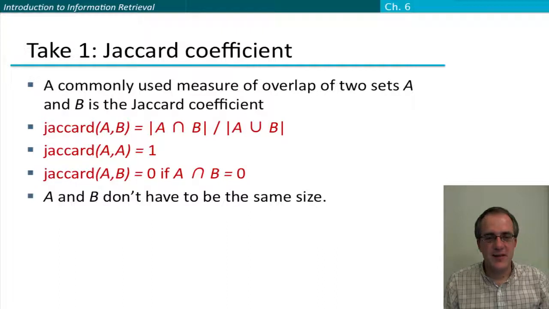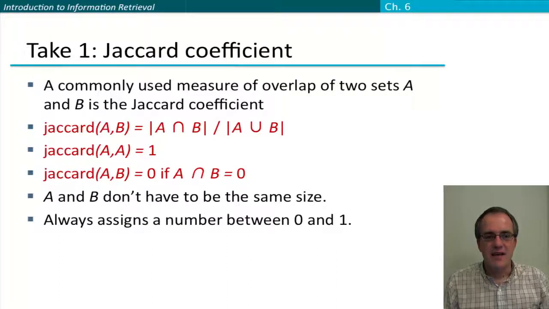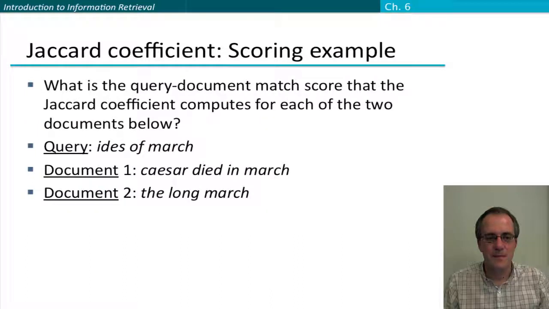The two sets don't have to be the same size, but the Jaccard coefficient will always assign a number between 0 and 1, because at most the intersection can be as large as the union.